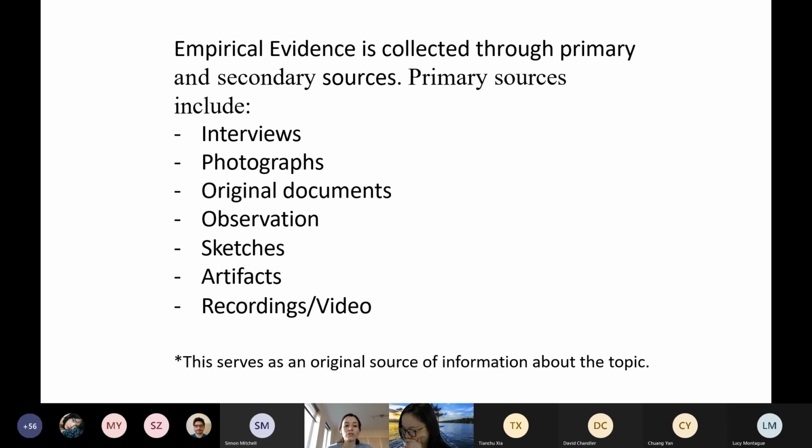Primary sources serve as an original source of information about the topic, and usually original pieces of work, original pieces of research, have some form of primary source.